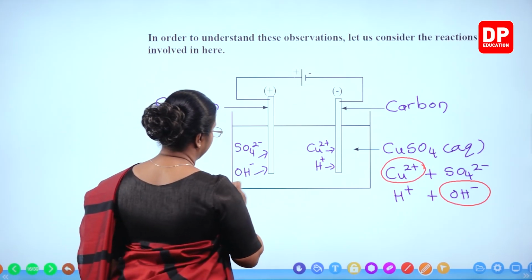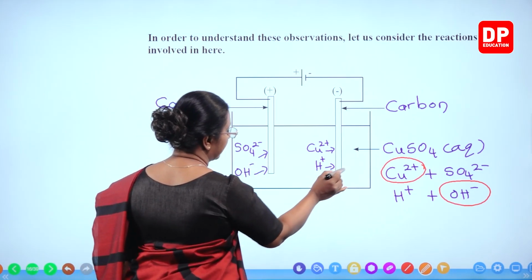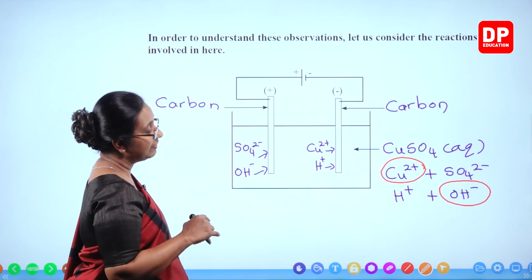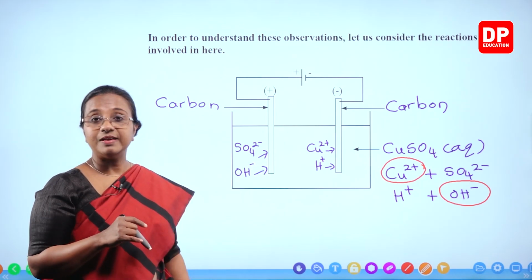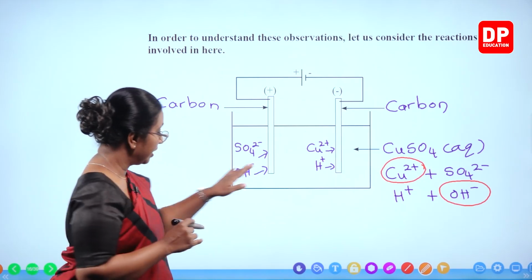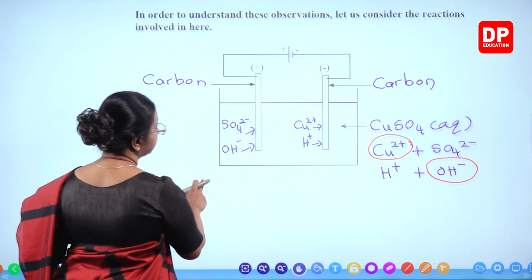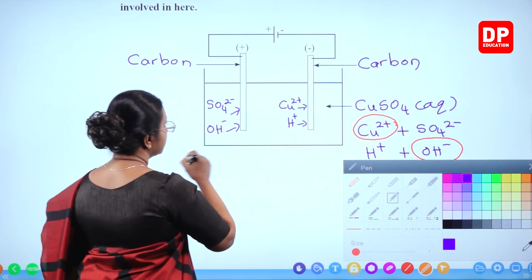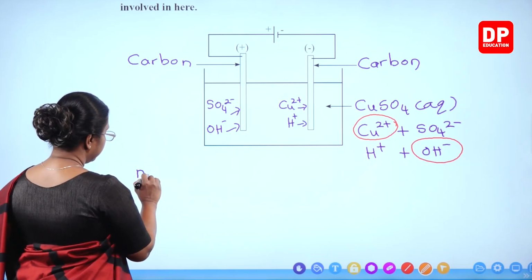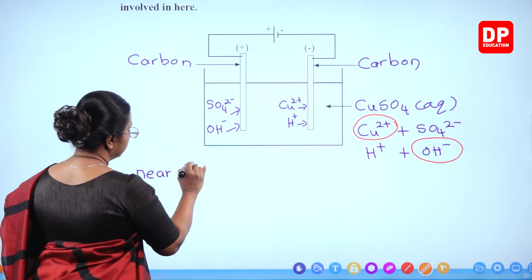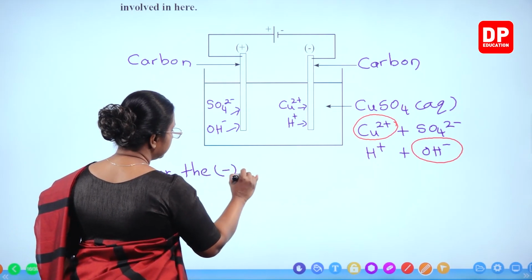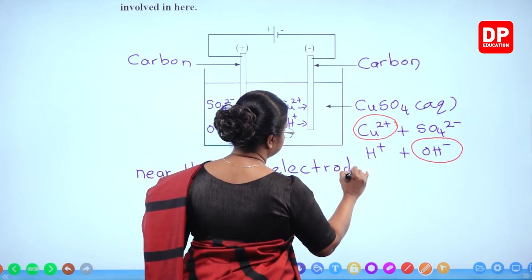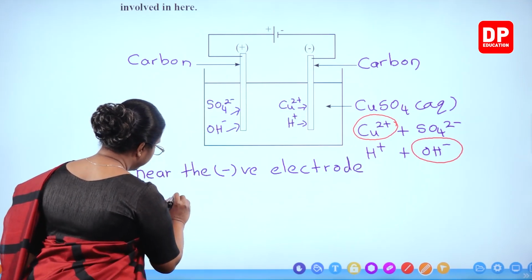So if we write that, now both OH- ion and H+ ions. So in the solution, we will have H+ and sulfate remain. So let's look at the changes. So if I say near the negative electrode, what will happen?